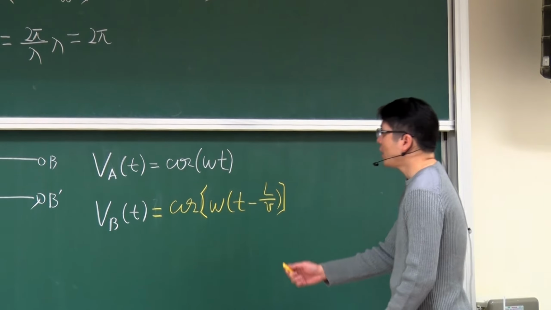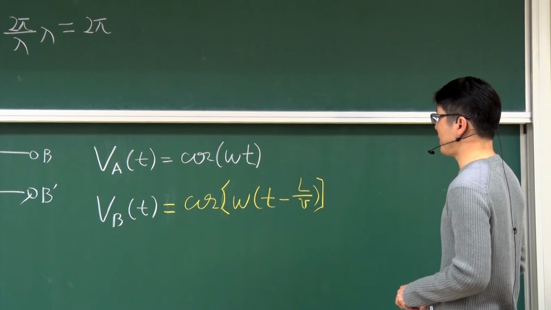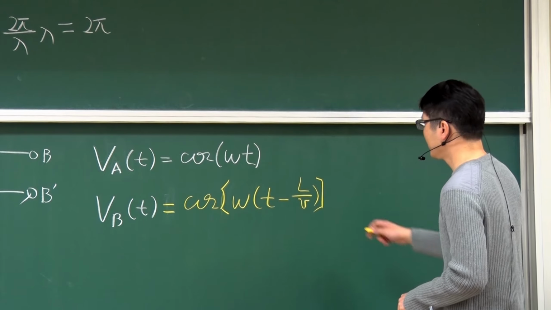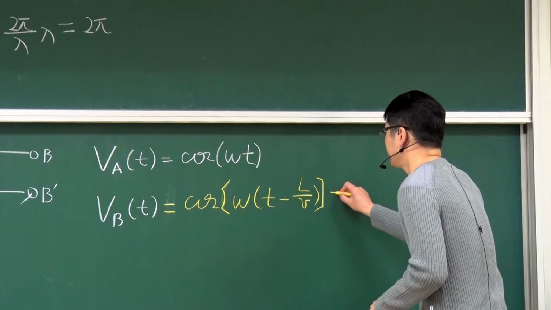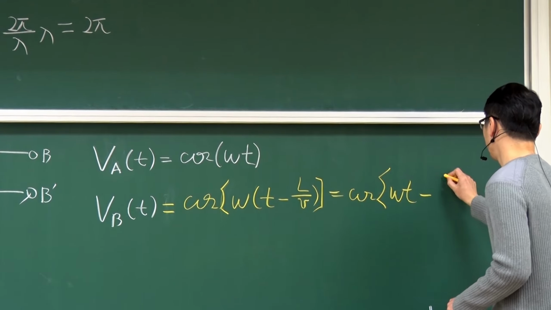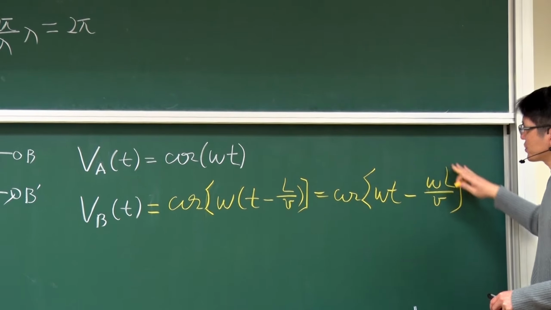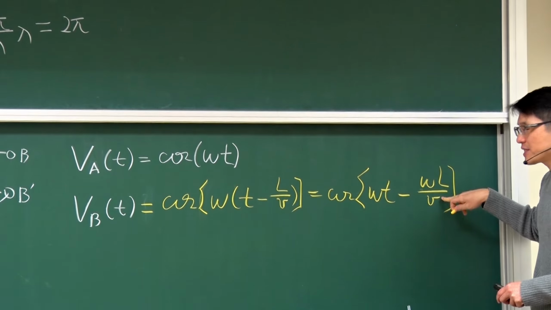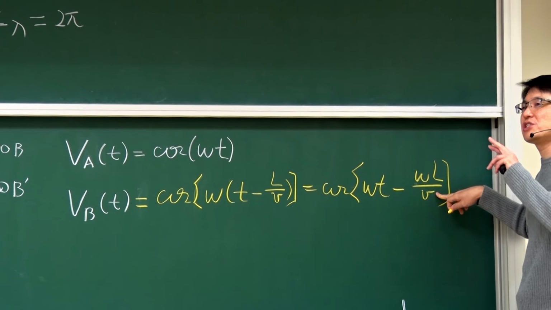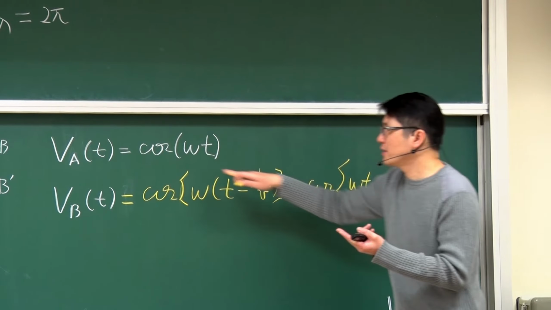So now all I have to do is multiply things back, right? I only care about omega t minus omega L over V. I only care about this term because this is the only change or difference between the input and the output.